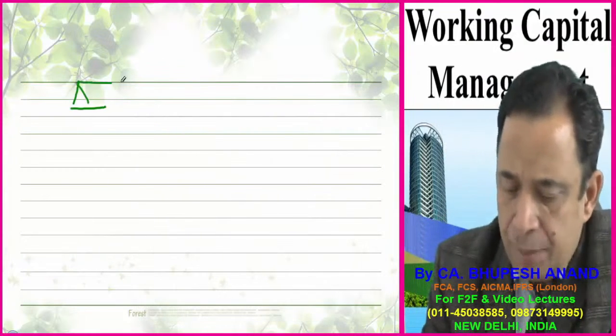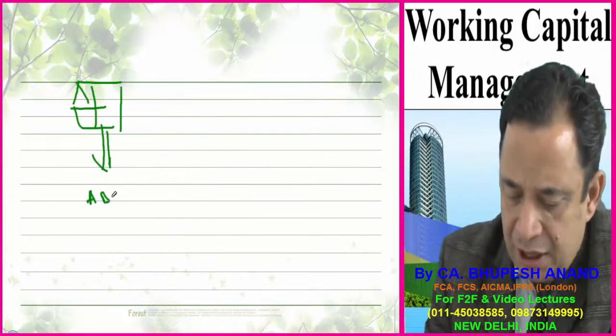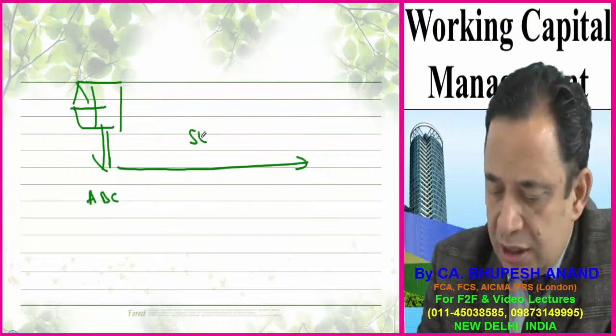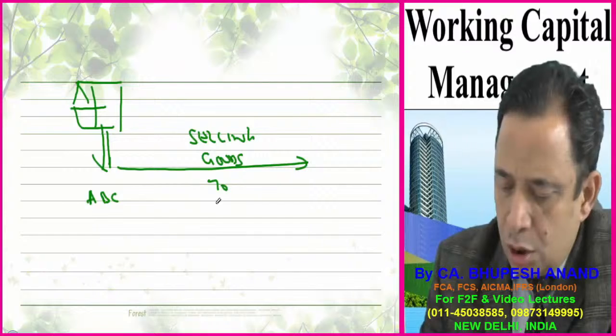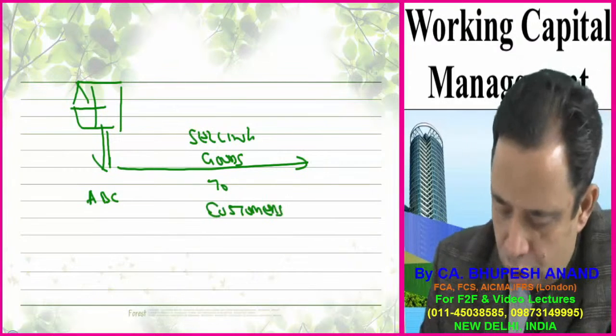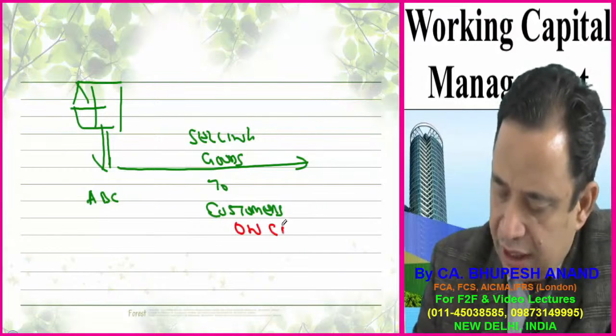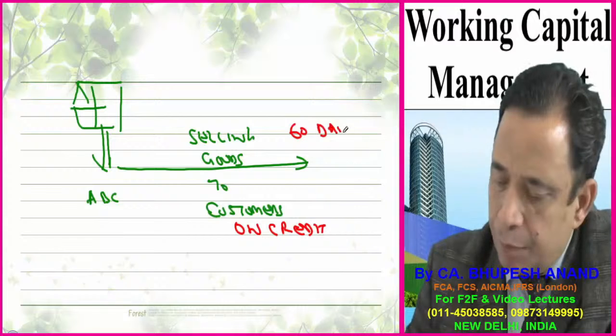Suppose there is a company named ABC, selling goods to its customers on credit. Let the credit period be 60 days.